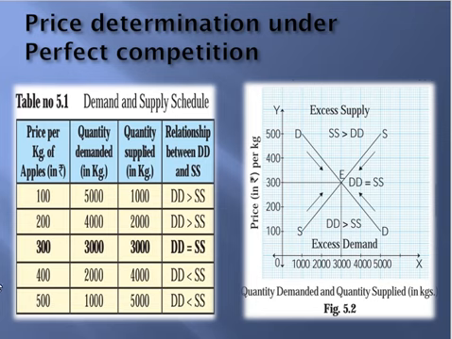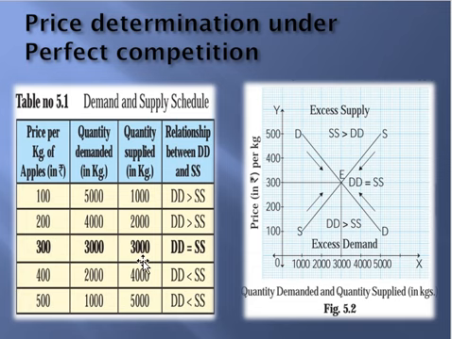So in this whole table, the whole schedule, we can see that with the increase in price, there was a decrease in the quantity demanded but an increase in the quantity supplied. But at one point, or you can say at the price of rupees 300 per kg, the demand and the supply were equal, right?